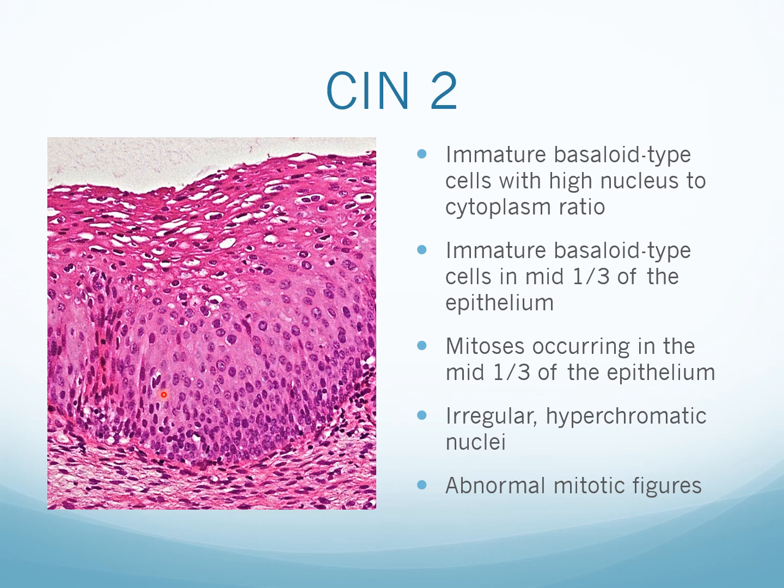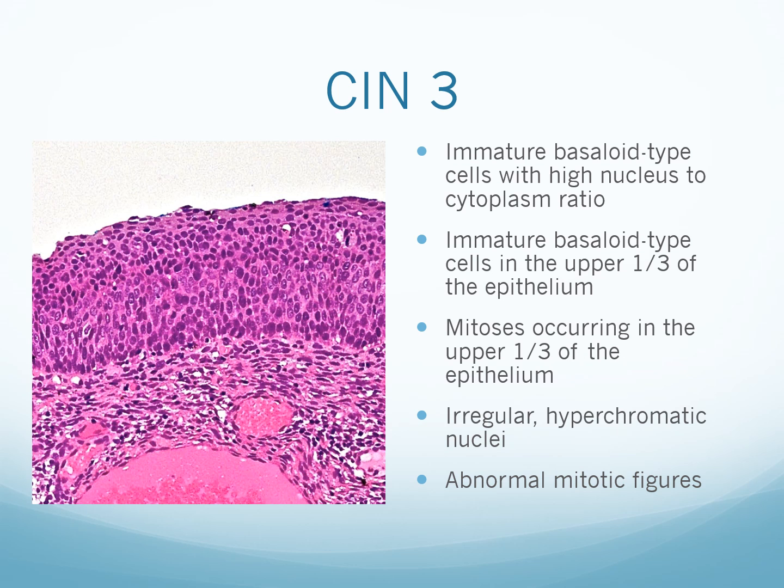We have mitoses occurring in the mid 1/3 of the epithelium. This might be one here. And we have irregular hyperchromatic nuclei in basaloid cells confined below the 2/3 mark, and then koilocytes here at the top.